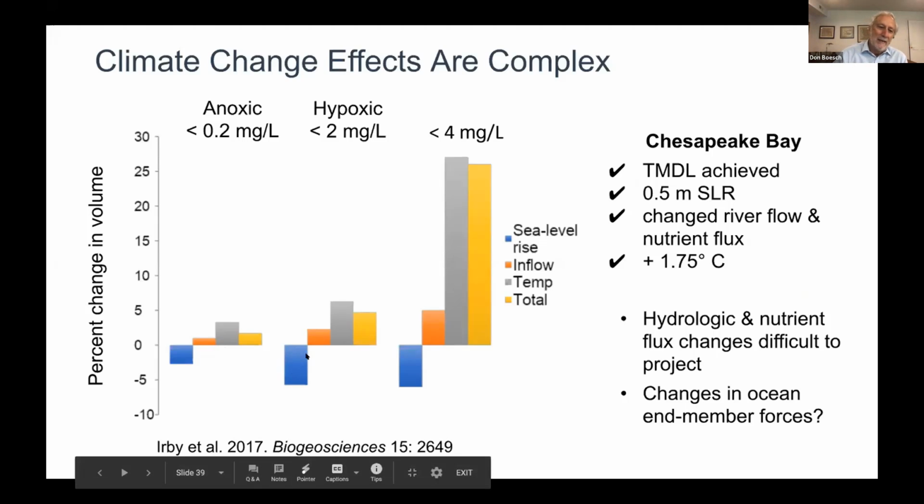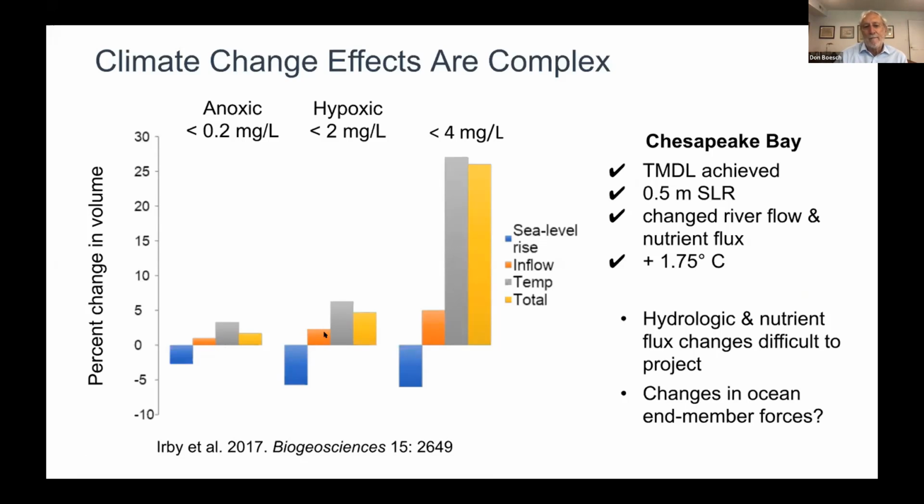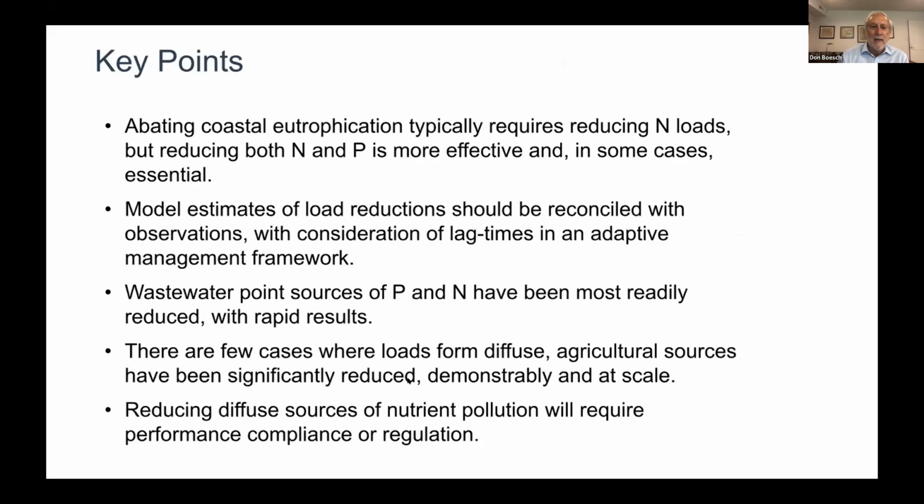So that can reduce the hypoxic area. Increased freshwater inflows and increased nutrient inflows have the reverse effect. The big driver here, though, is temperature. And that's just because as these systems warm up, the metabolism warms up, the stratification increases, and you have more hypoxia. So I think, I don't want to go over time.